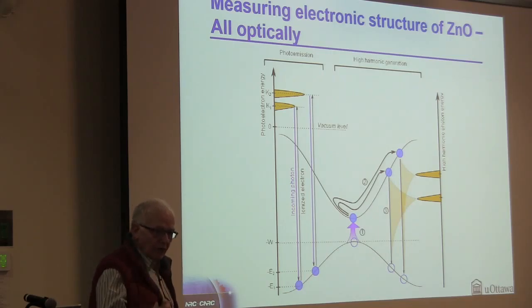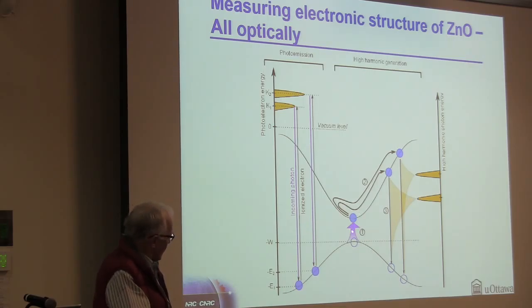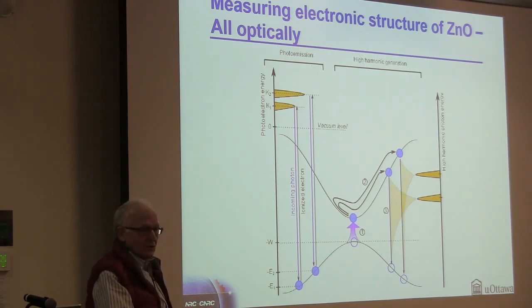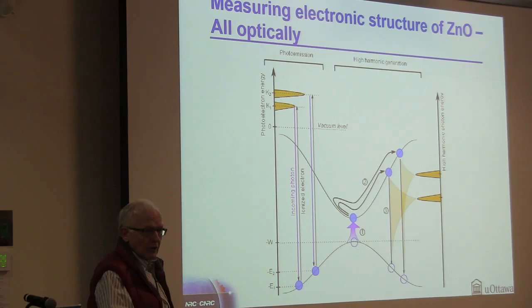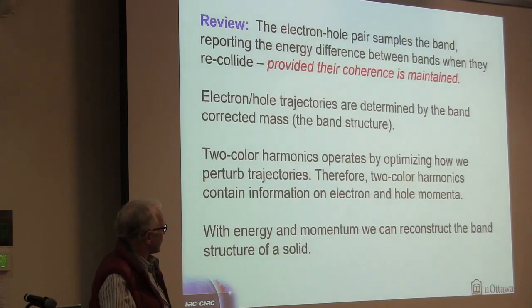So we have momentum and energy measurements and information on the semiconductor in question. So this is an illustration. You make a transition, it goes through, it finds itself in space, and as long as we know where the K is, and we measure the energy, then we can reconstruct the band structure.